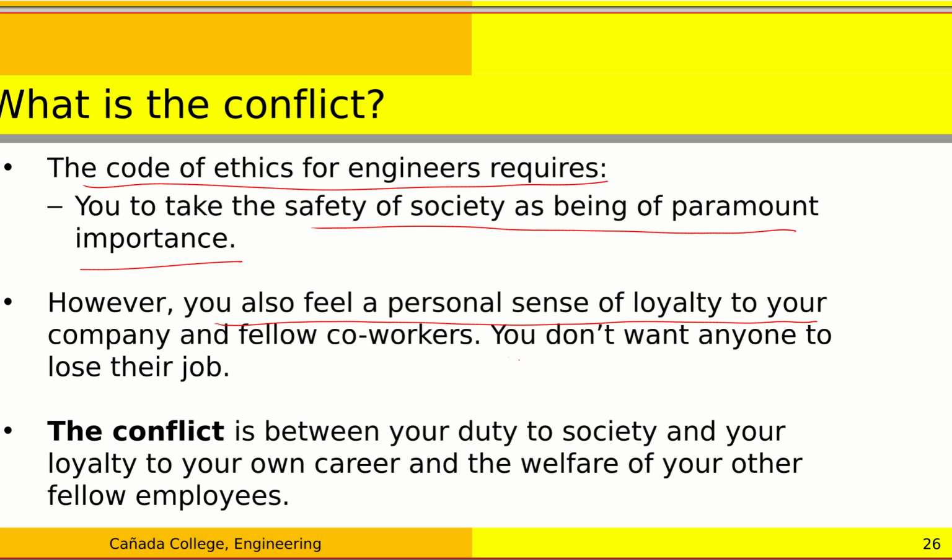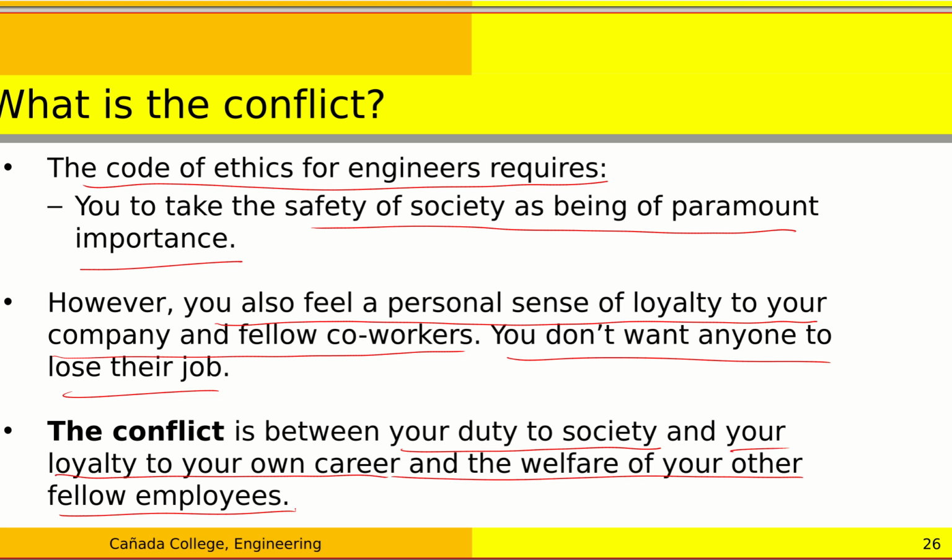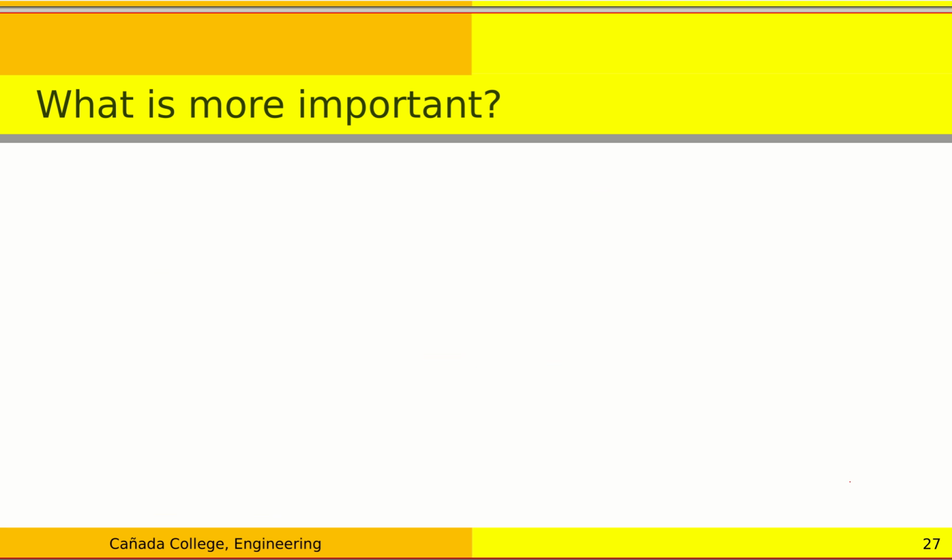You don't want to lose your job, you don't want others to lose their job, and so you have a sense of loyalty to your company and your co-workers. Okay? So here's the conflict. The conflict is between your duty to society and your loyalty to your own career and the welfare of other employees. Okay?